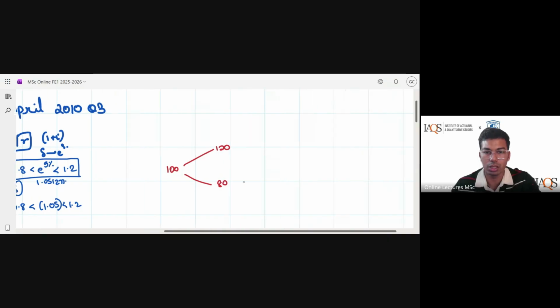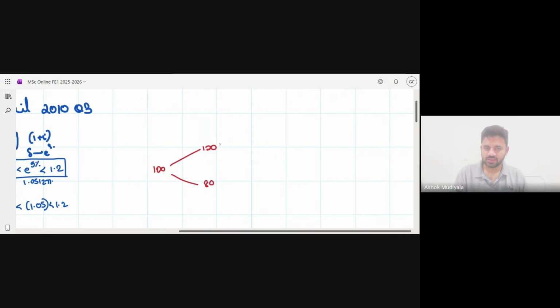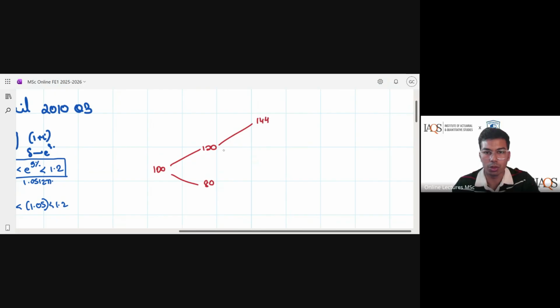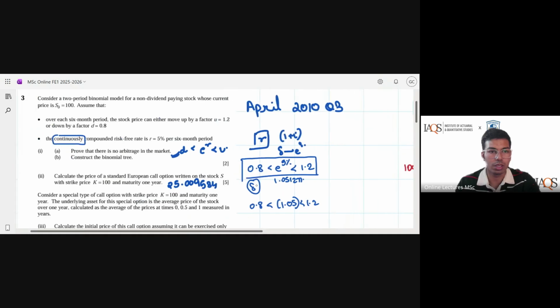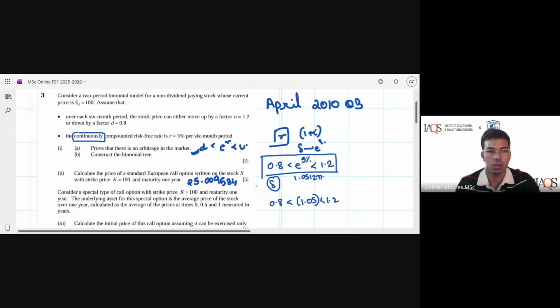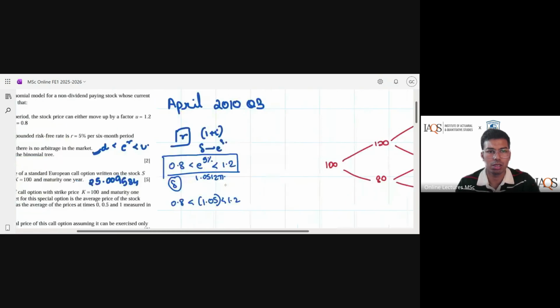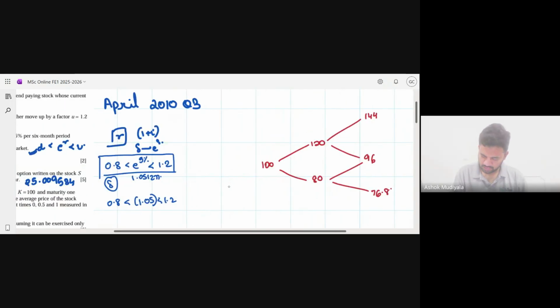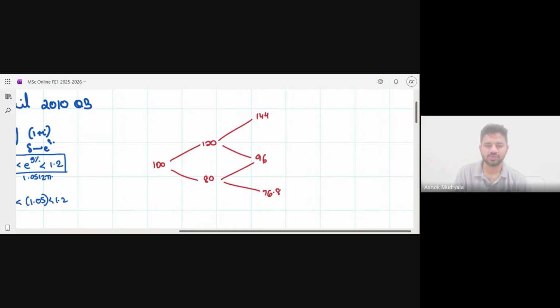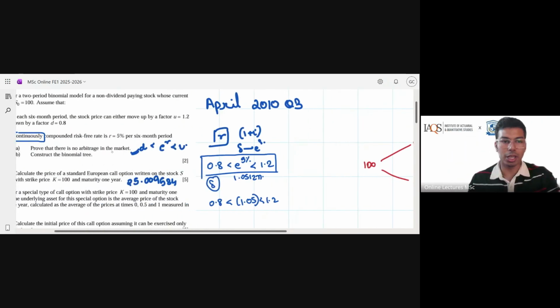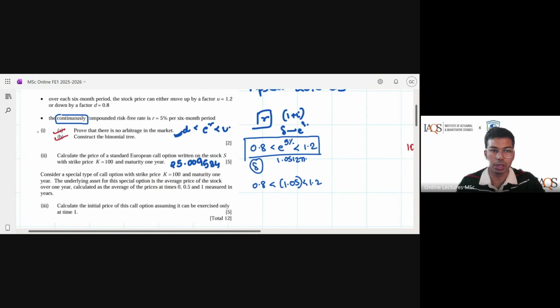Then 144, 96, and from 96 we go to 96 and 76.8. Then 80%, 64. Alright, I have the binomial tree, so I'm done with 1A and 1B.